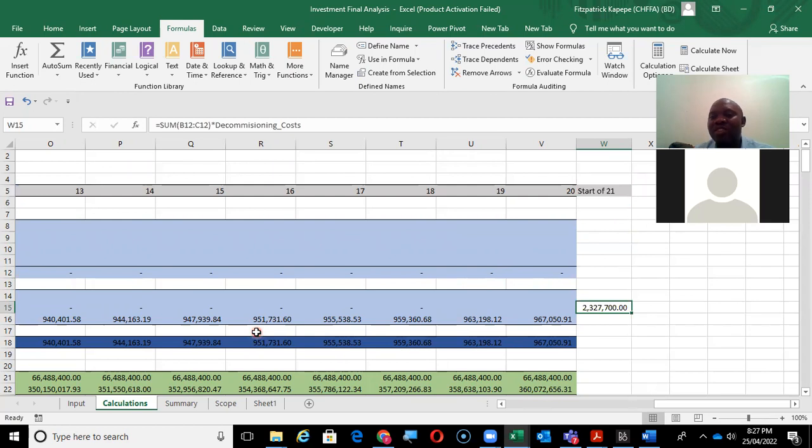But then it does not change what we're trying to do, because the discount factor in the 20th year will be similar to the 21st as we do the NPV, because we are actually looking at the cost at the end.